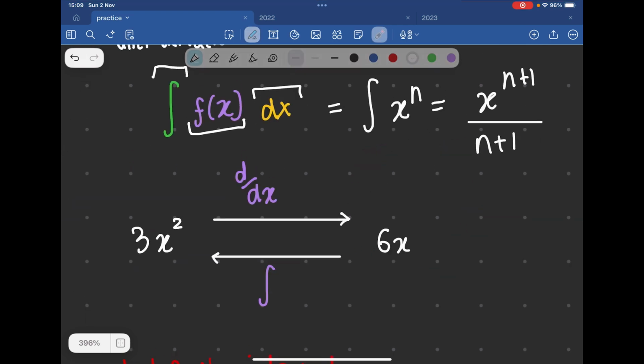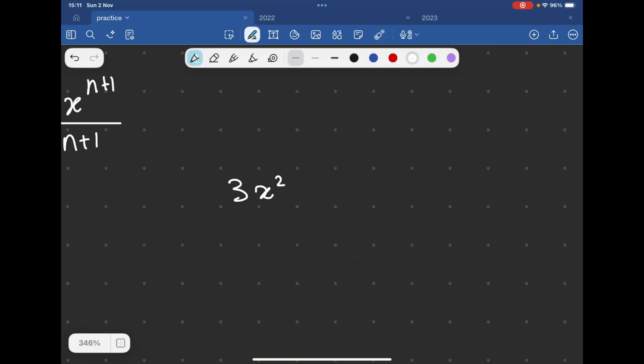So let's have a look here. We have 3x squared and we want to differentiate it. So it's going to be 6x. So that's f prime of x.